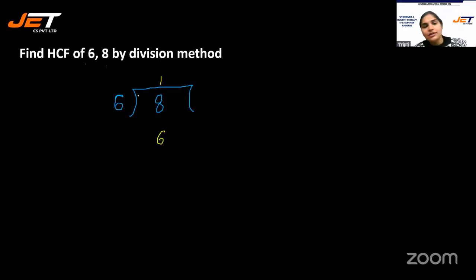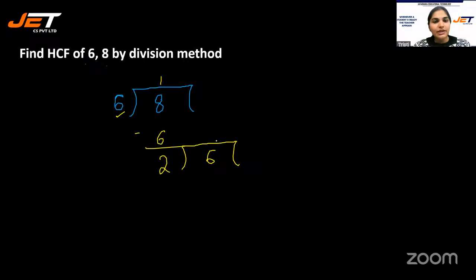Now I have got 2 as the remainder. Now this remainder will become the divisor and the divisor which was earlier there will become the dividend.